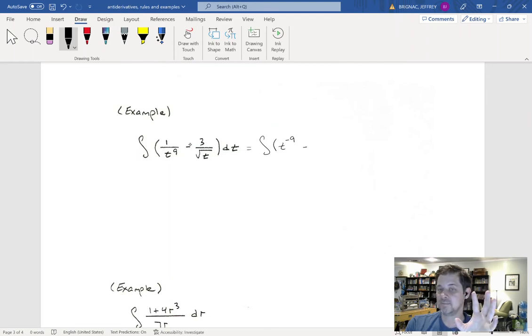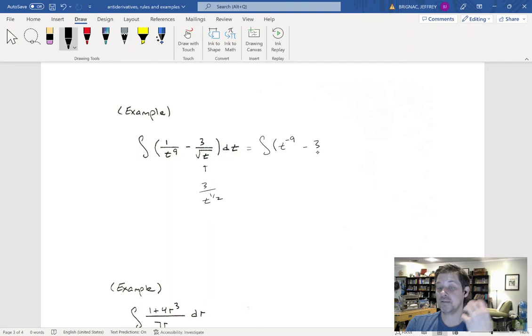Okay, and then I got this subtraction. Here this says 3 divided by root t. But that would be like 3 divided by t to the 1/2 power if I wanted to see that with an exponent. But I don't want it to be divide. I want to see that you have a variable to a power, not something divided by the variable to a power. So could I say this is not 3 divided by t to the 1/2 power?